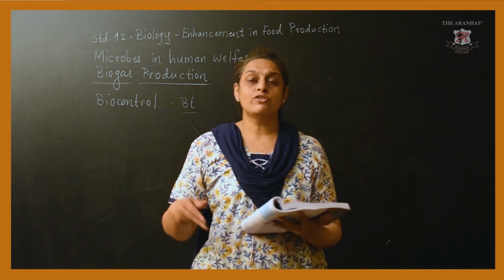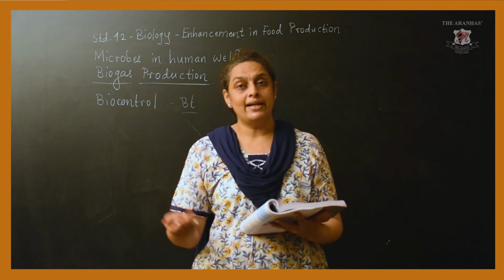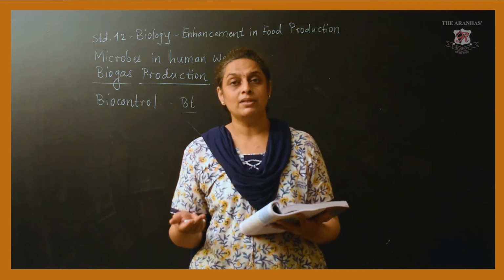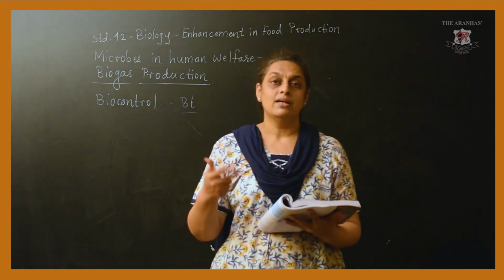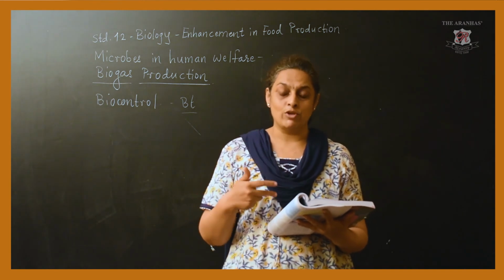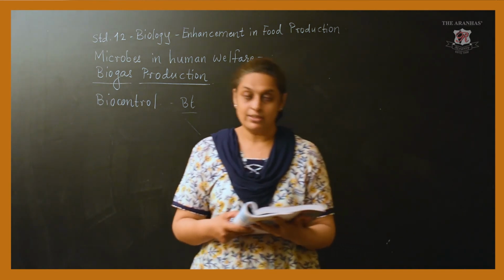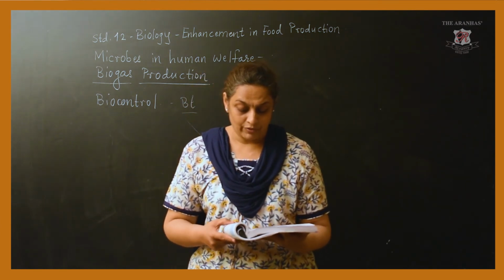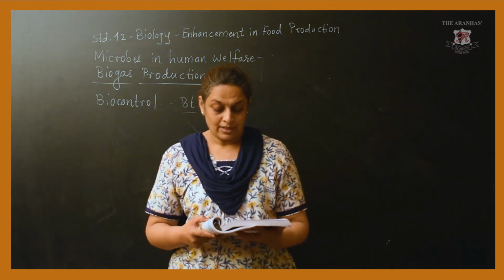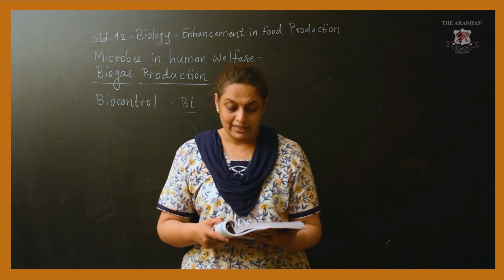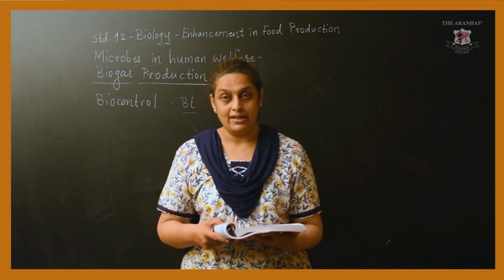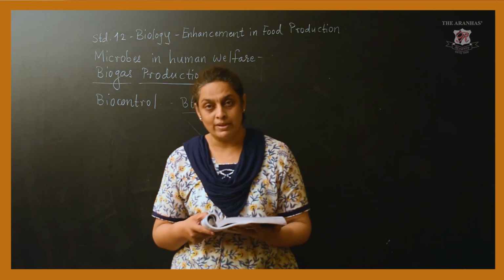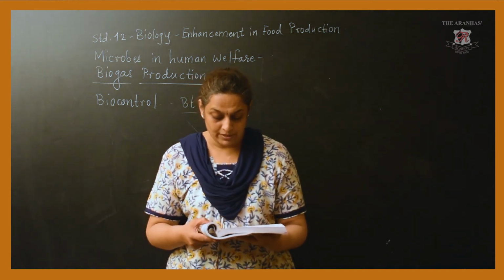So it needs to be converted into other form so that plants will be able to absorb that phosphorus. So such microbes are there. Then compost making biofertilizers are there. So organic material is converted into compost or humus by these microbes.